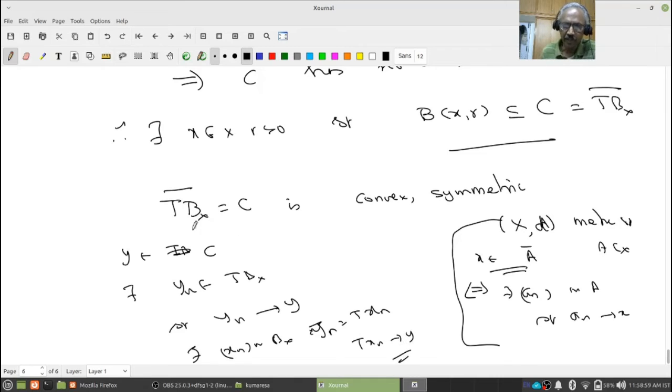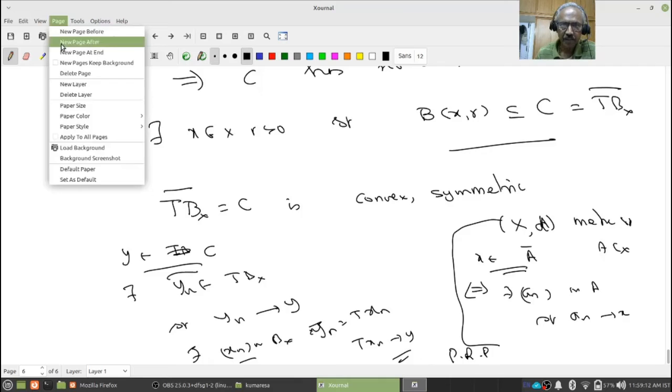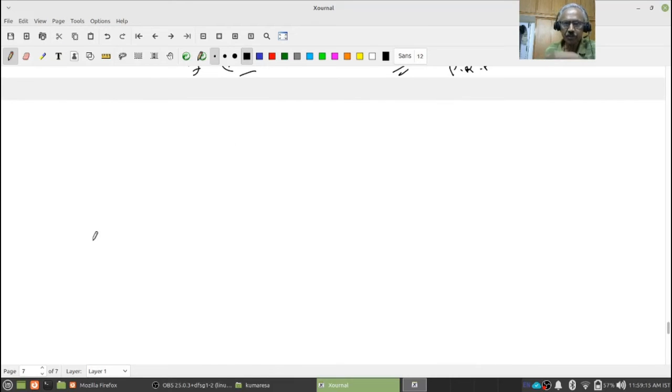Therefore, y belonging to C implies there exists a sequence xn in Bx so that T of xn converges to y. Understand this well? Now we are ready to prove.